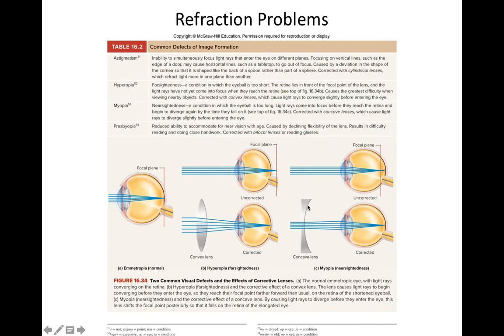We're going to correct this with a concave lens that's going to diverge the light out and then allow it to converge sooner. So very common. Most people's eyeballs are not shaped perfectly, but we are usually able to correct people's vision fairly good.